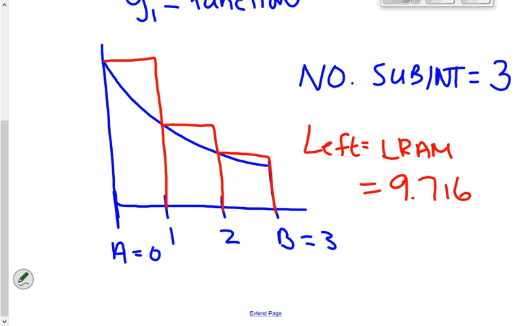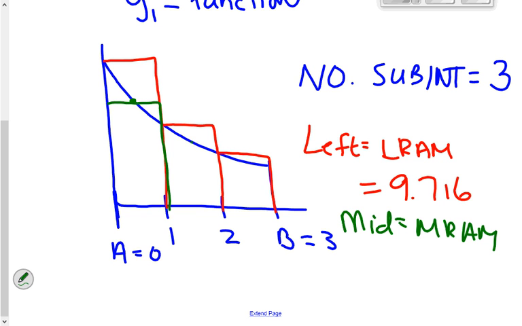All right. So what am I doing here? Overestimating or underestimating? I'm overestimating. Okay. Now, I can also do my mid, which I call MRAM. And that means that the middle point of my interval is where I meet the curve.